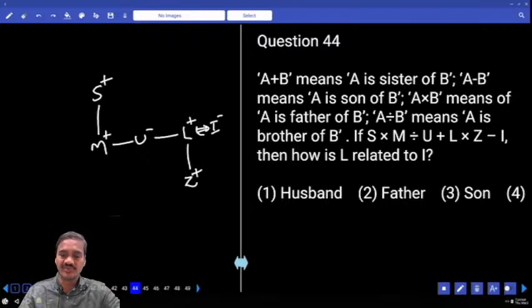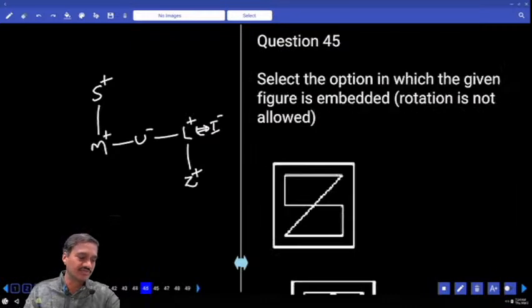Now according to this one, how is L related to I? L is the husband. That is choice 1, question number 44.